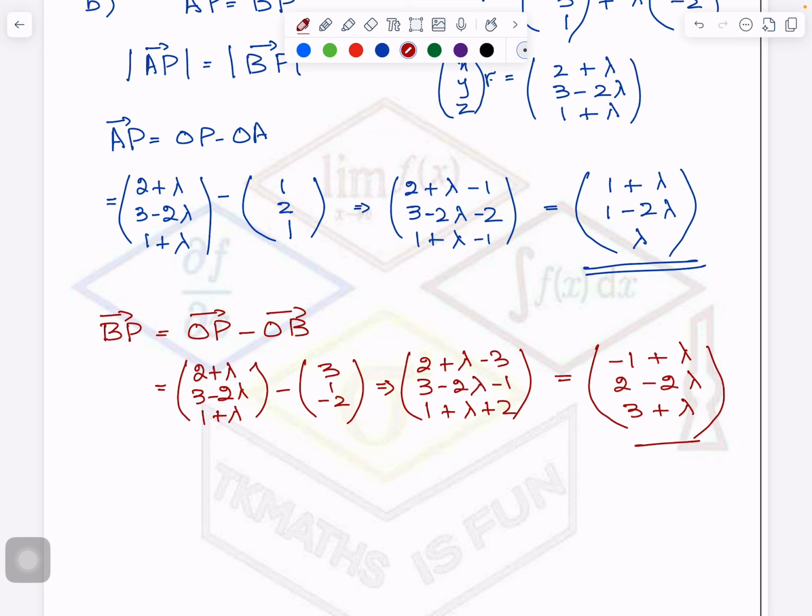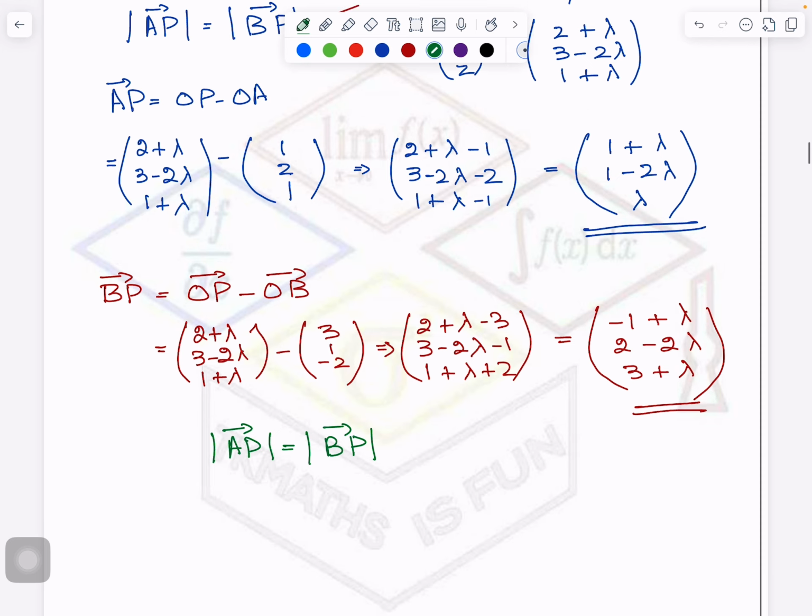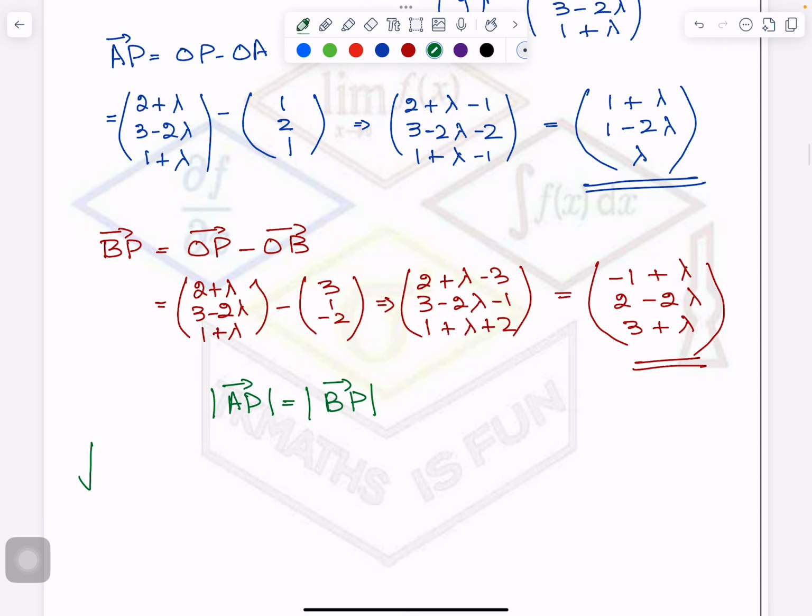So now I have BP vector also and I have AP vector also. So now I will say modulus of AP is equal to modulus of BP. That will help me to form an equation. So I am going to write here now.